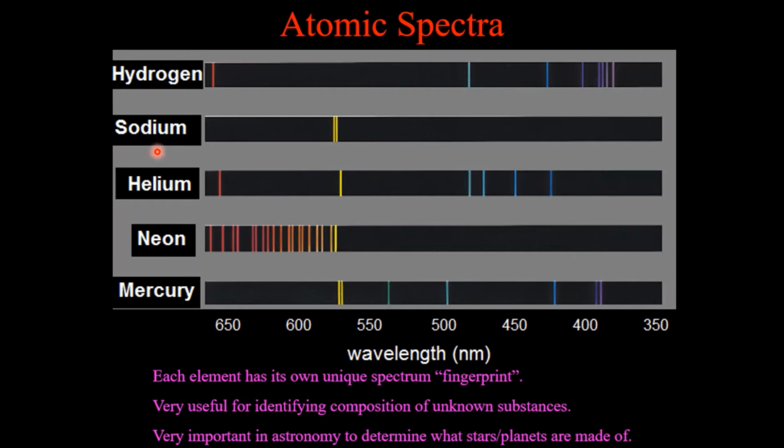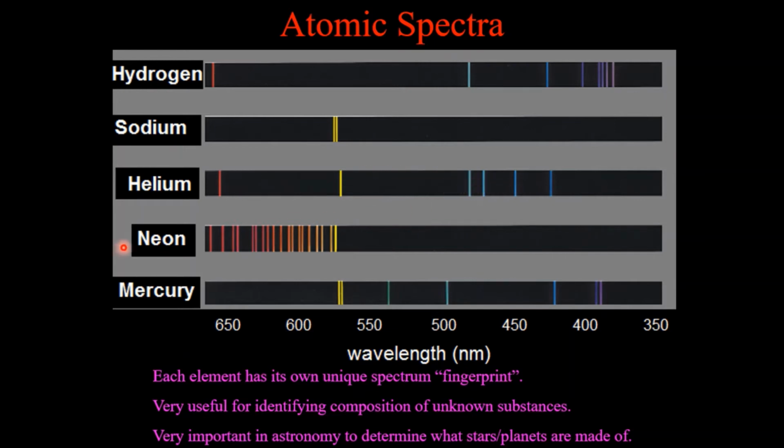But look at, here's sodium. Sodium has a completely different spectrum. Notice it's dominated by two yellow lines that are very close together. Helium is different from hydrogen and sodium. It has a red, a yellow, and a few blue-green ones here, and so on.